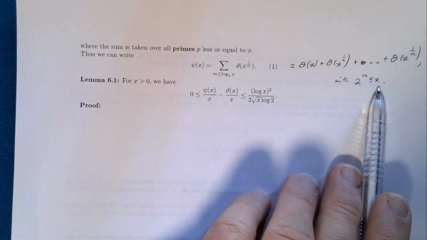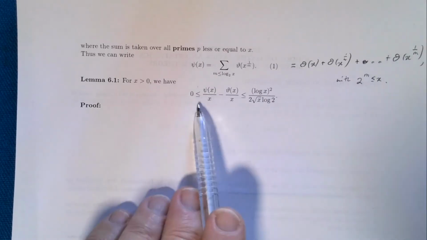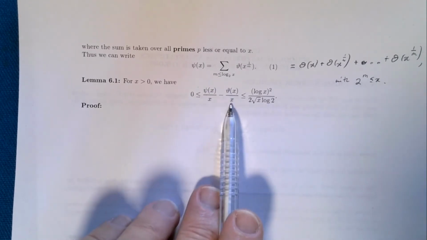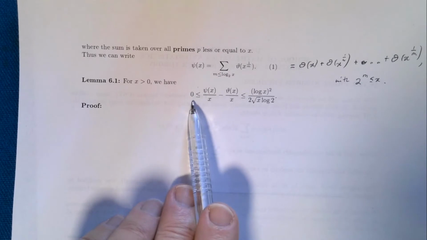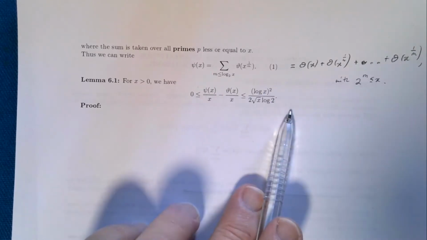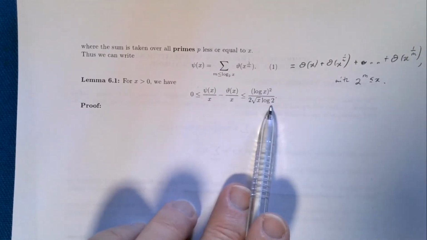Now our first little lemma that connects these two is that if you subtract psi of x on x minus theta of x on x, then it's non-negative, and it's bounded above by log of x all squared on 2 root x log 2.